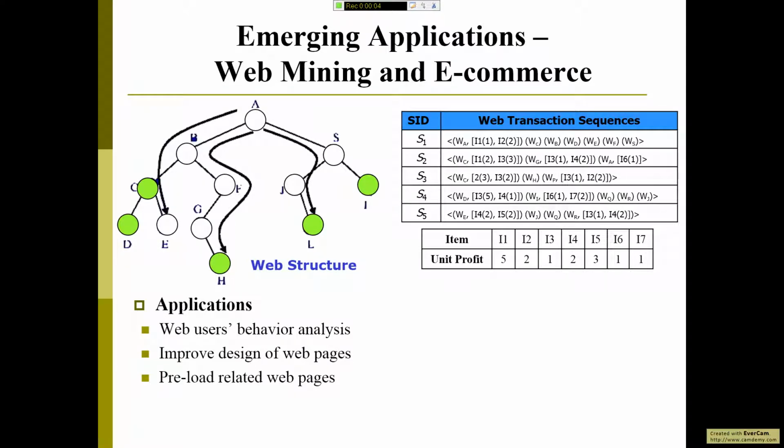Website managers can use high utility pattern mining technology to discover utility-based patterns such as high utility access patterns and high utility transactional patterns in web transactions. The mined results can be used for electronic commerce to improve website services, providing efficient access to related web pages.